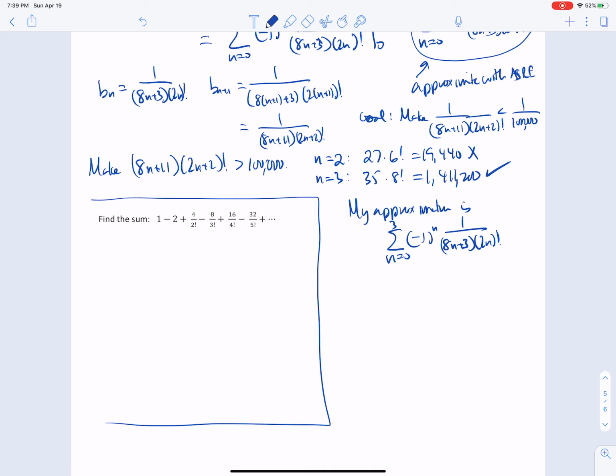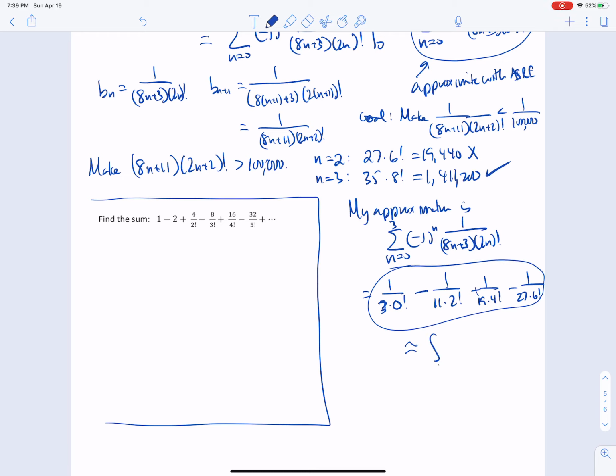If I write out those four terms, I get 1 over 3 times 0 factorial minus 1 over 11 times 2 factorial plus 1 over 19 times 4 factorial minus 1 over 27 times 6 factorial. And that is my approximation to the integral from 0 to 1, x squared cosine of x to the 4th dx.